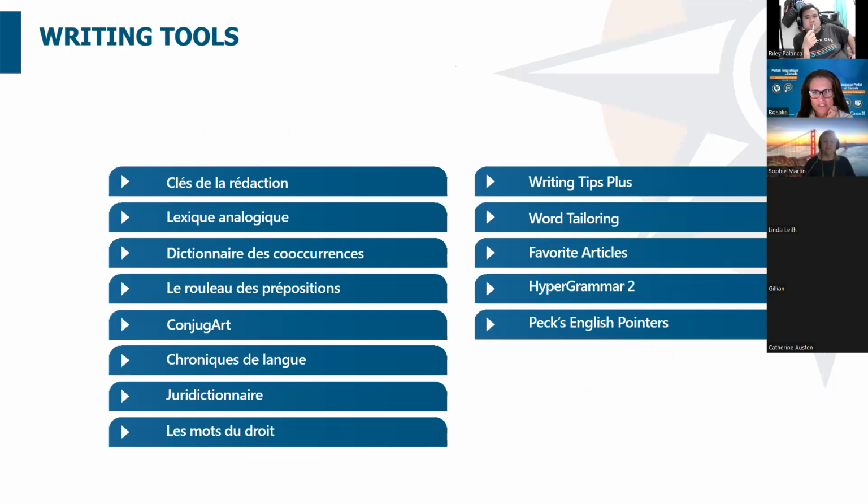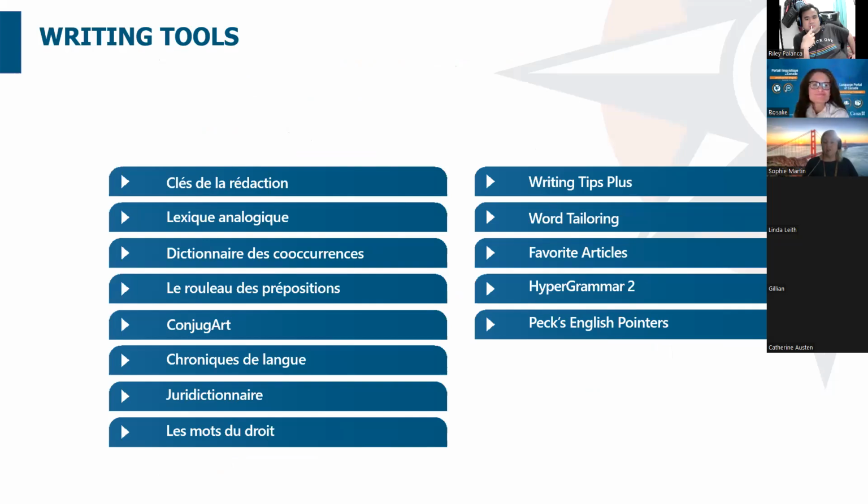So yes, Sophie, we'll start with you. So you have here the full list of the writing tools that are offered in the Language Portal of Canada. You have 8 in French, 5 in English. I will go over the ones in French because you might have to work in your second language from time to time, and knowing the tools that exist to help you in French could be useful.